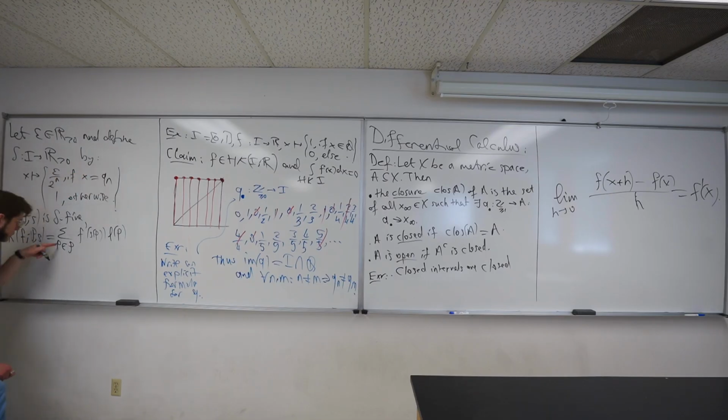So I can say sum over all pixels whose sample point is rational, in which case this is just 1. So I'm just adding the lengths of all pixels whose sample points are rational.